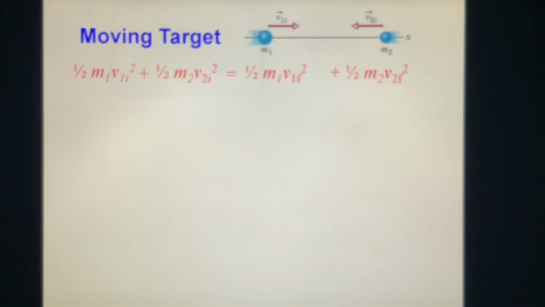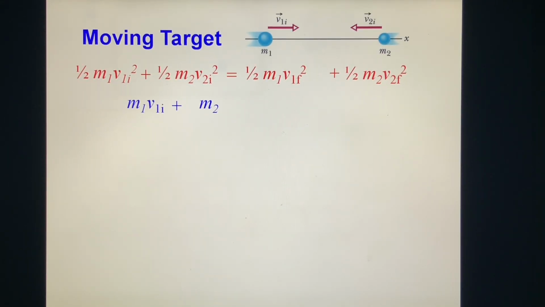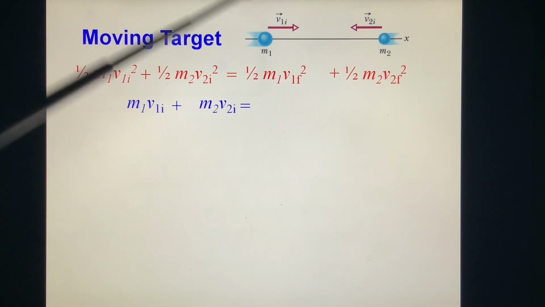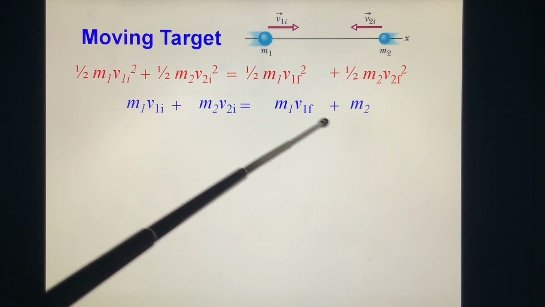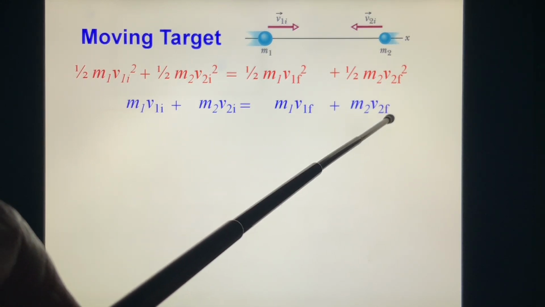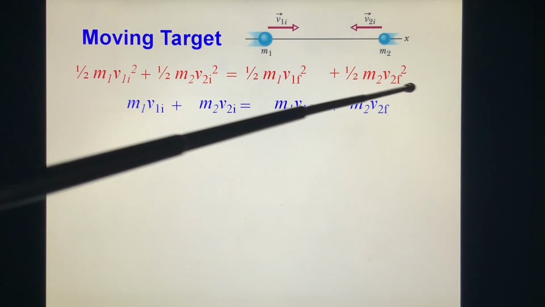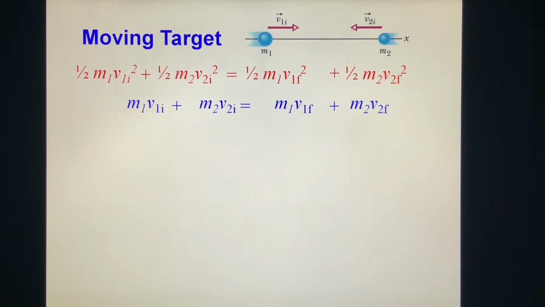Energy conserved. And then linear momentum conserved. m1 v1i plus m2 v2i, initial linear momentum, equals final linear momentum, m1 v1 final plus m2 v2 final. This is one-dimensional, so it's not a vector, just a kind of scalar.